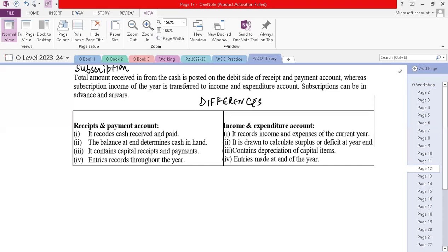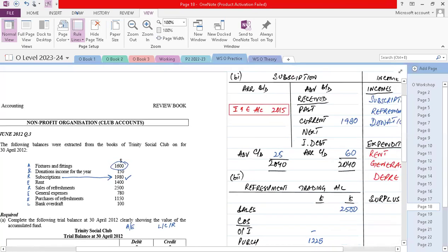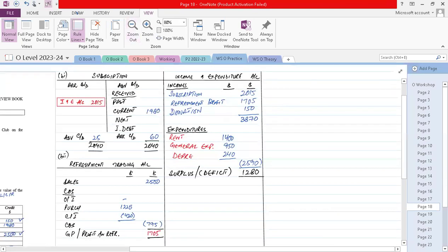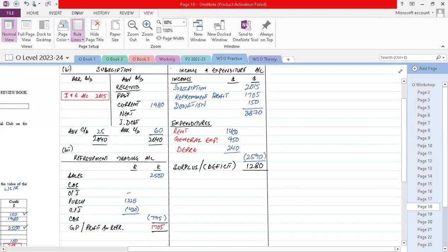Receipt and payment account shows cash or bank at the end of the year, whereas income and expenditure account shows surplus or deficit. That was requirement C, and D was a theory.